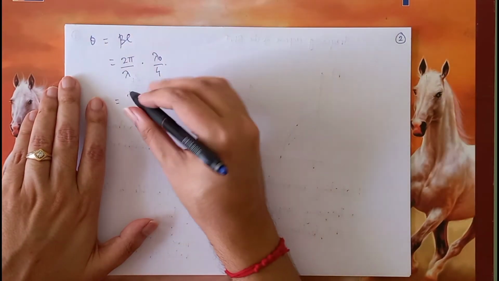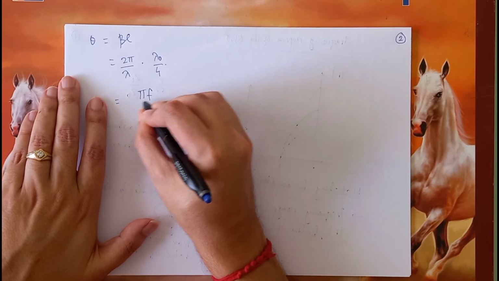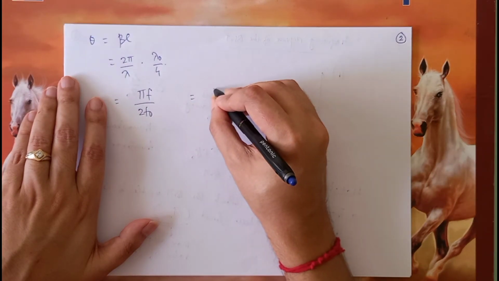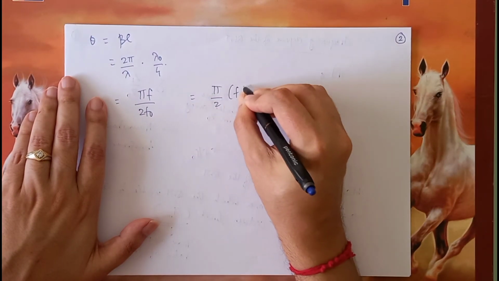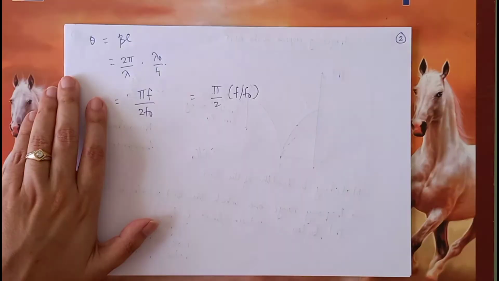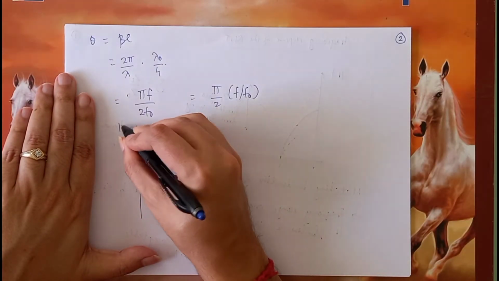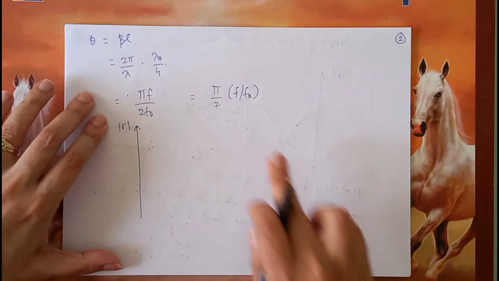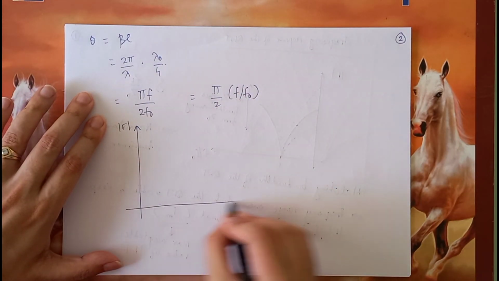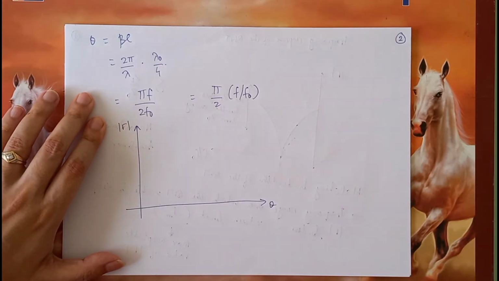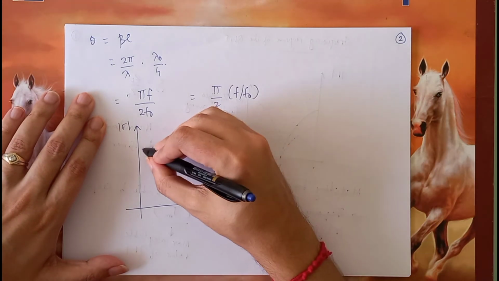So in terms of frequency, this is defined as pi f by 2f0. If the normalized frequency is f by f0, then multiplying that normalized frequency by pi by 2 is essentially what theta is. So whether we are plotting the mod gamma as a function of the normalized frequency or as a function of theta, the nature of the graph will not change because it is merely a linear scaling. So again, it will look something of this kind.